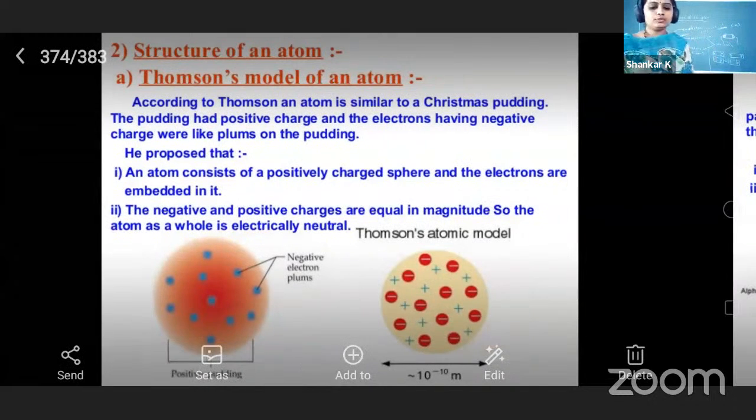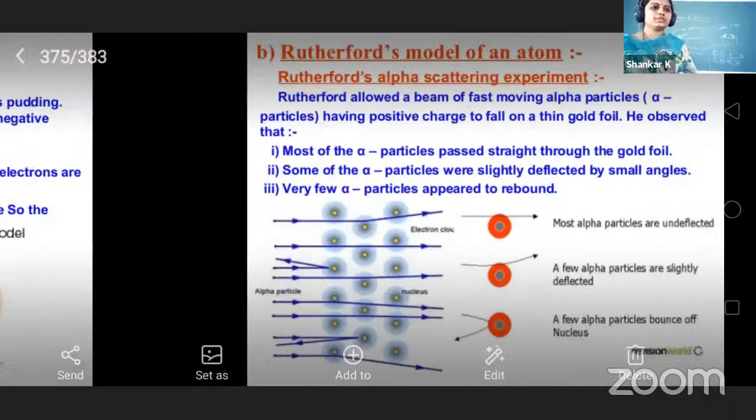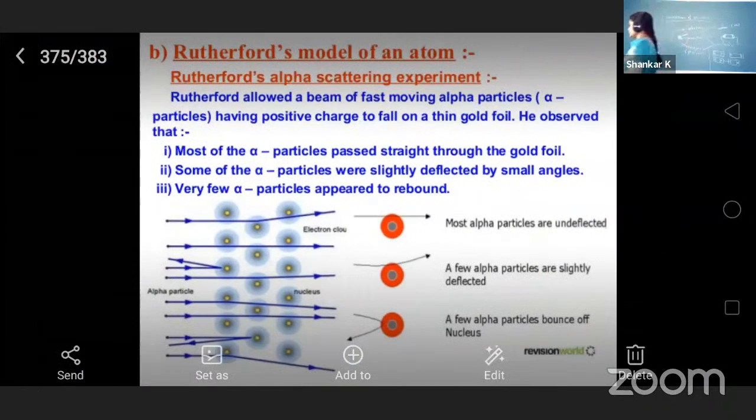See, there is Rutherford's model of the atom, students. Consider the textbook. There is a scientist called Rutherford who gave a model of an atom.